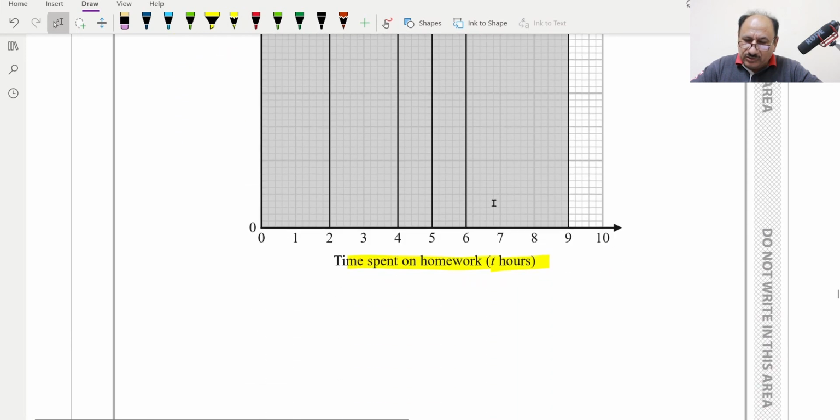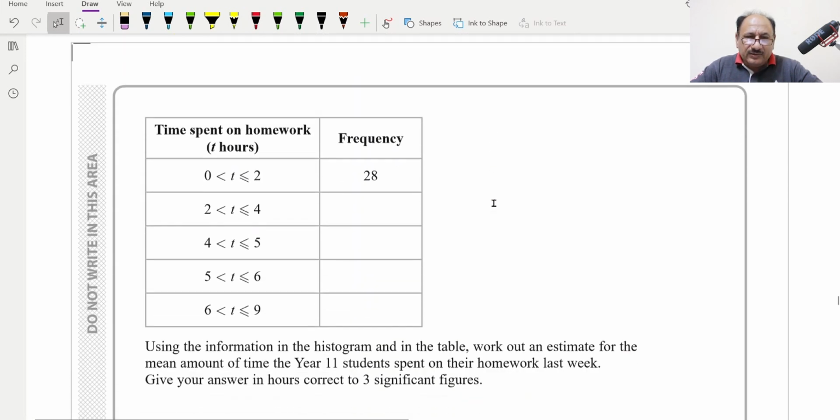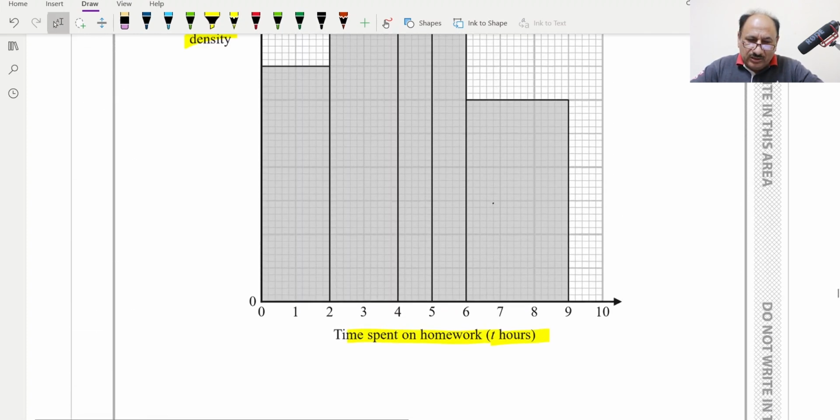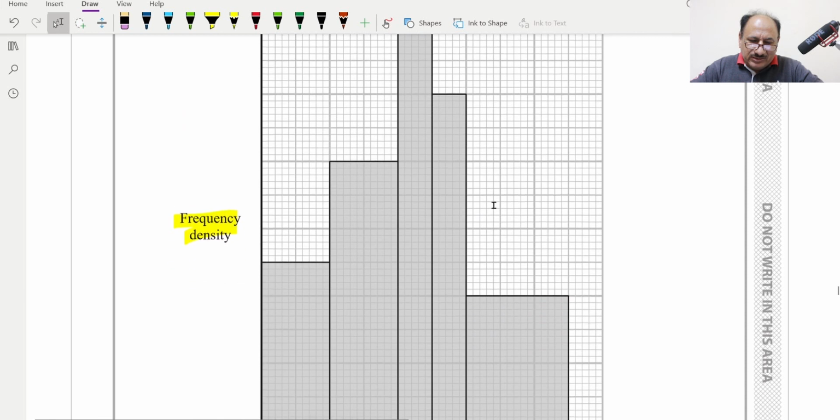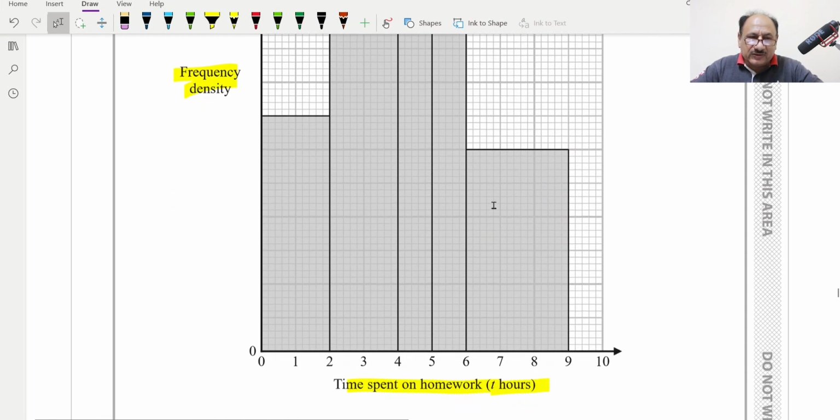So the histogram is provided, and the first frequency is provided, and for the first range 0 to 2 it is 28. We can see this frequency density side does not have a scale.